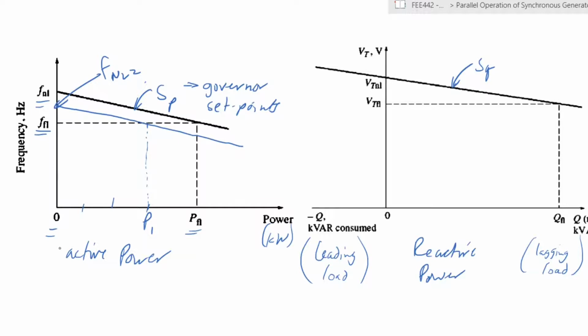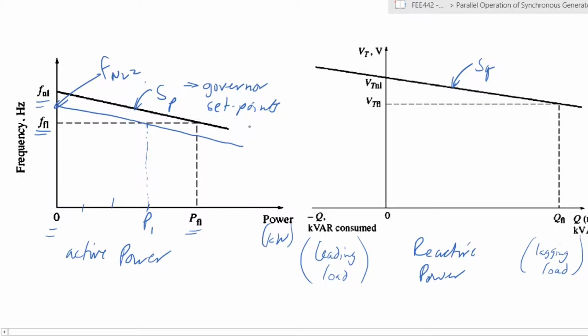So at zero, instead of running at, say, 1400 RPM, you could run it at 1300 or something like that. And by dropping it like that, you drop the entire line to a lower level such that you can supply your P1 at the frequency that you desire. This is what we call governor set point adjustment.